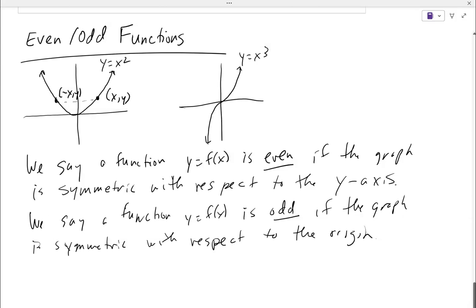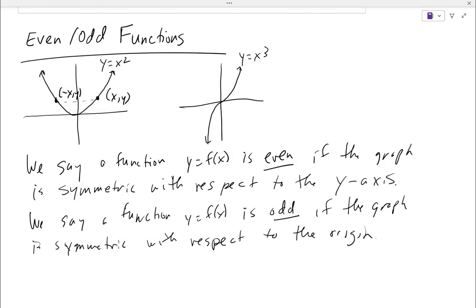It just takes all your x's and multiplies them by a negative. That's how it flip-flops them. If I multiply the x coordinate by a negative, does the y value change?